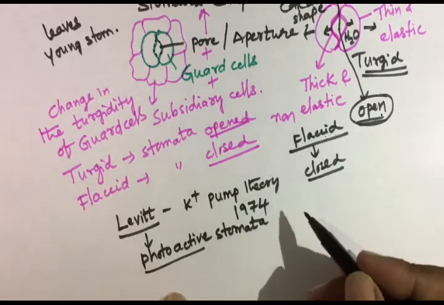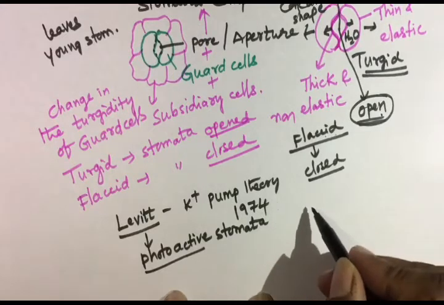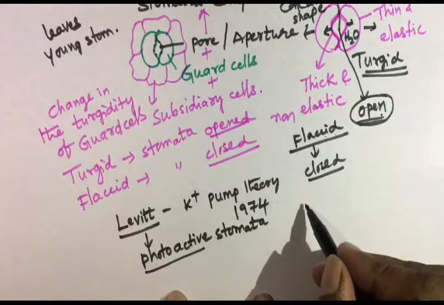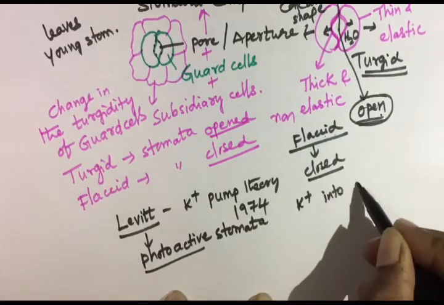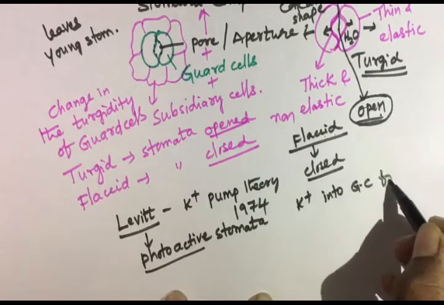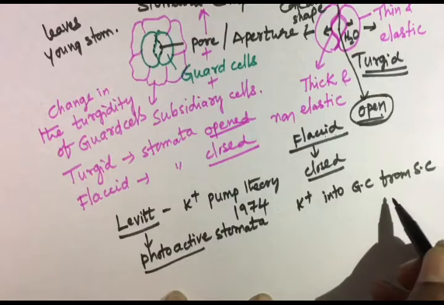During the daytime, accumulation of K+ ions into guard cells from subsidiary cells occurs in the presence of light.